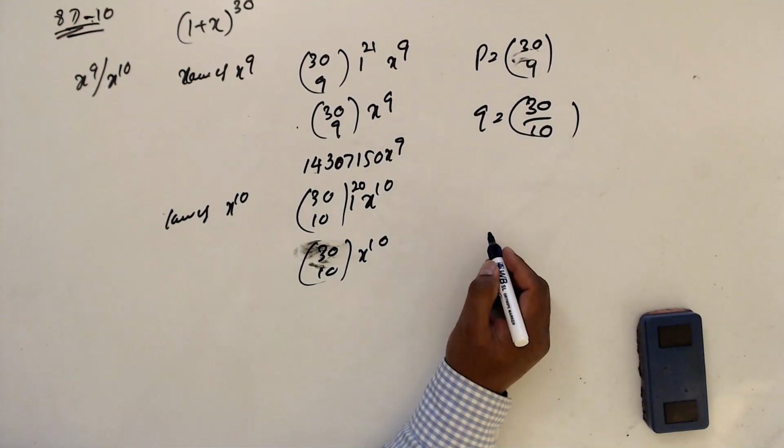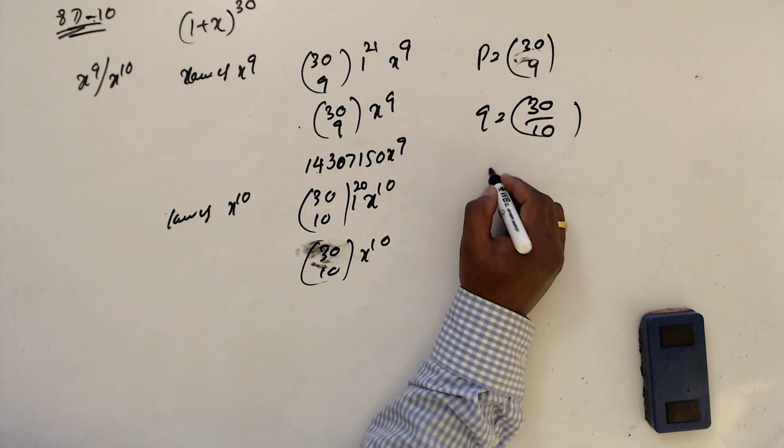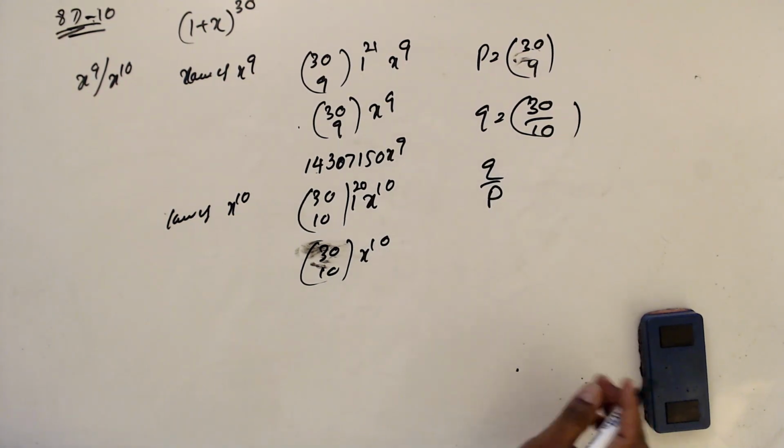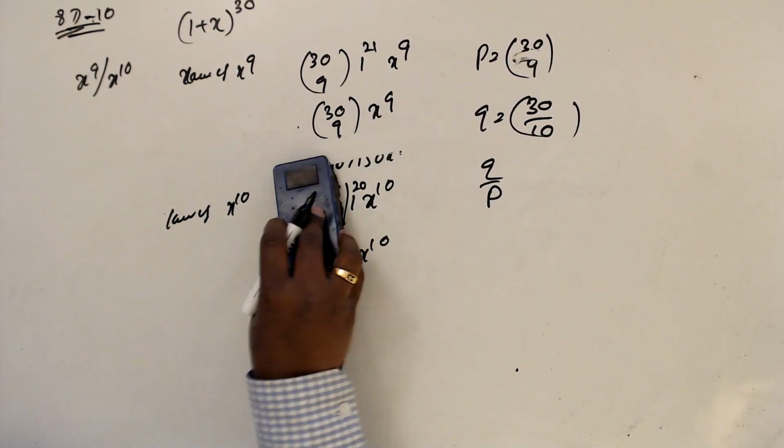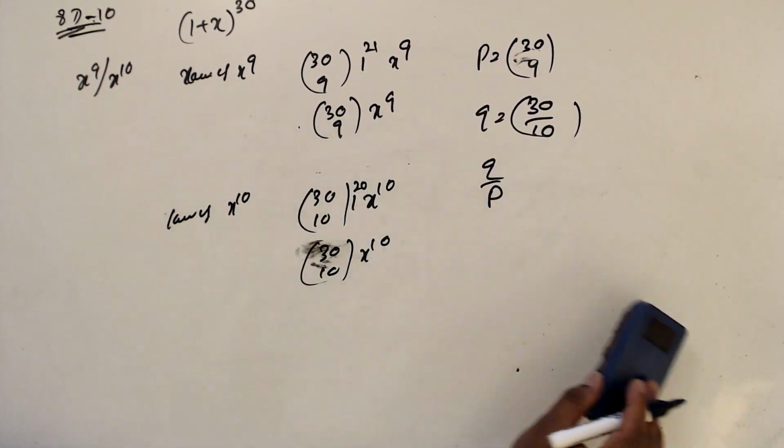Now we want to find Q divided by P. So we'll work it out. We don't need to actually calculate this one.